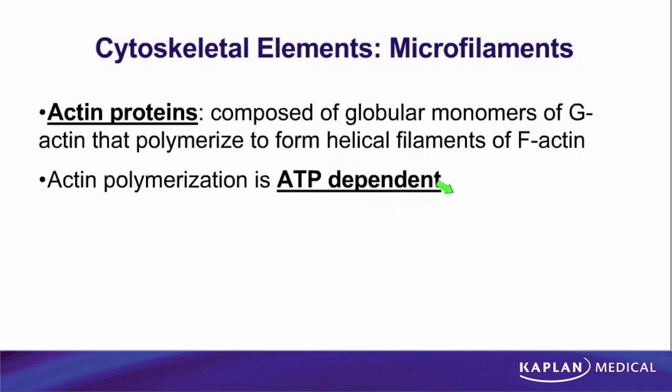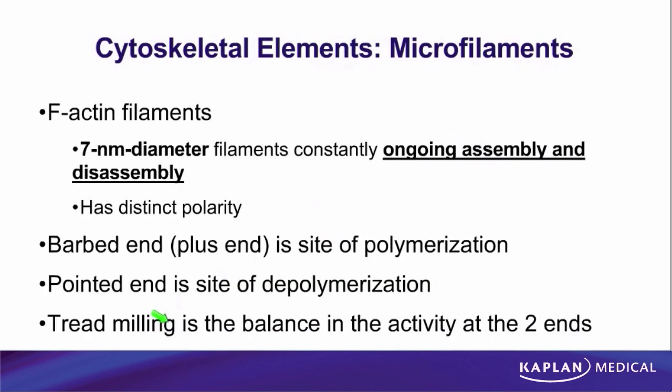So actin filaments are continually being polymerized, but they're not getting longer and longer because at the same time that they're polymerizing, they are depolymerizing. At one end of the filament, it's polymerizing. At the other end of the filament, it is depolymerizing. So we have this ongoing assembly and disassembly.